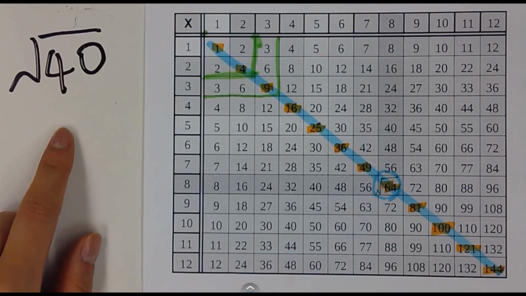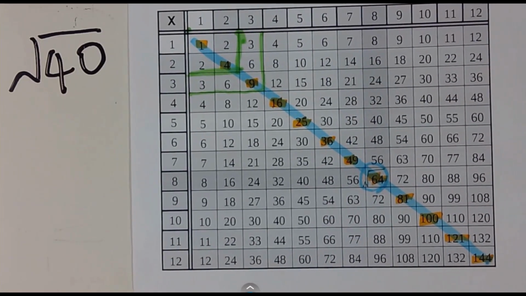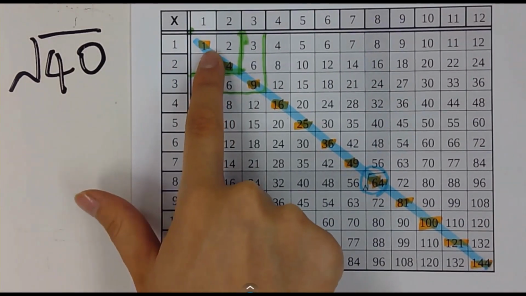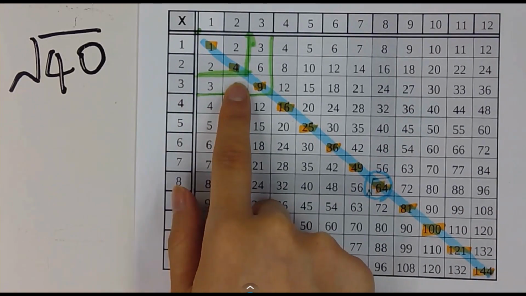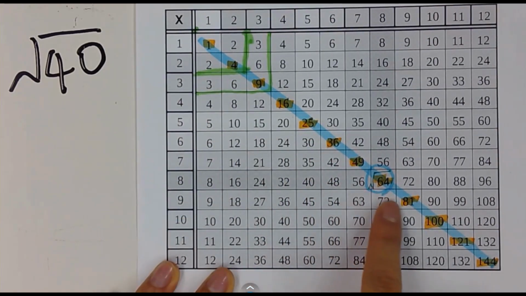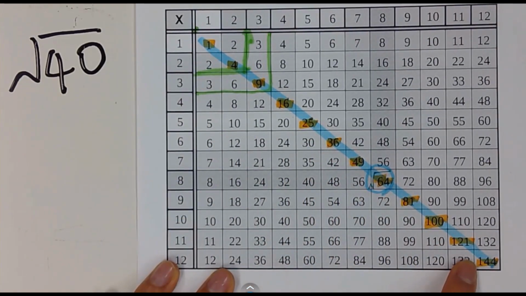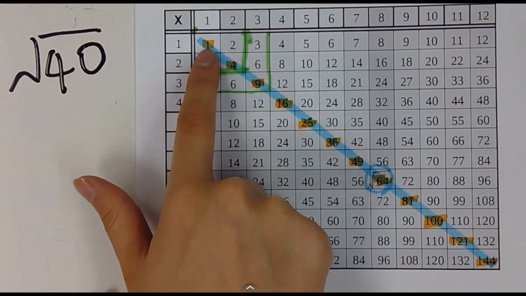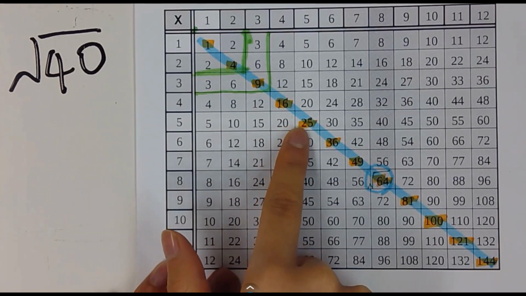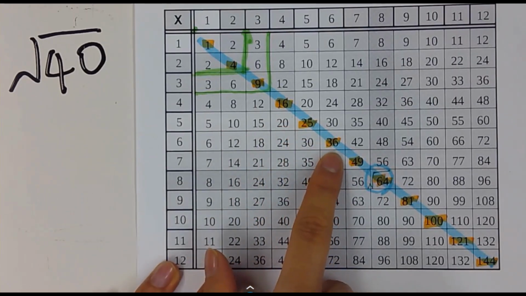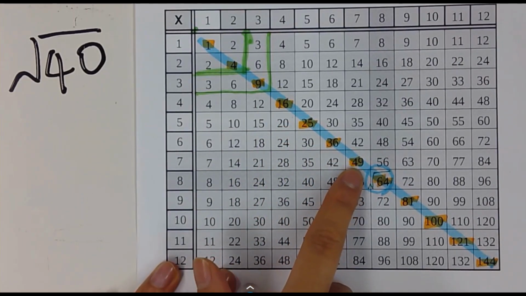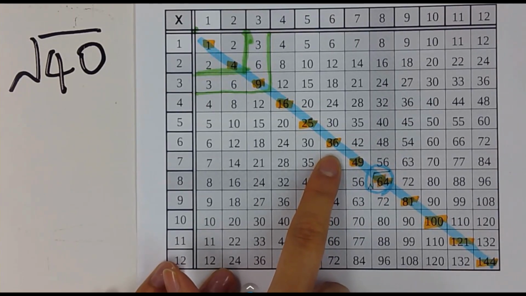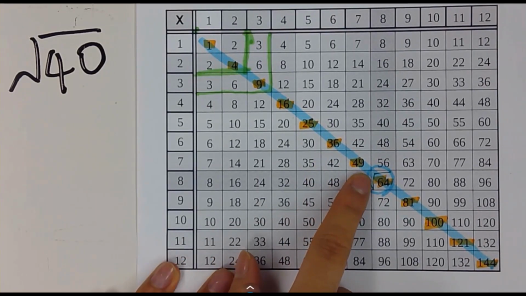We look at the times table, and we know that the numbers on the diagonal, highlighted in blue, are all the perfect squares. We're simply going to find two numbers that have 40 in the middle. In this case, 40 is in between 36 and 49.